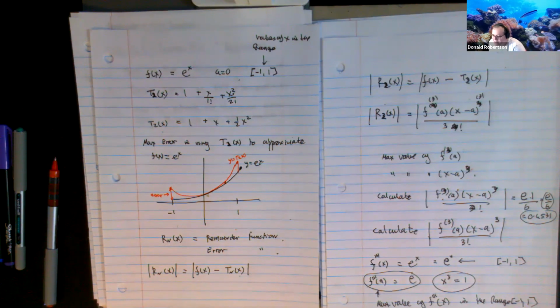Oh, back to my insult on engineers. An engineer was being asked what 1 plus 1 is. And he said 2. And they asked him if he's sure. And he said 2 plus or minus 1.